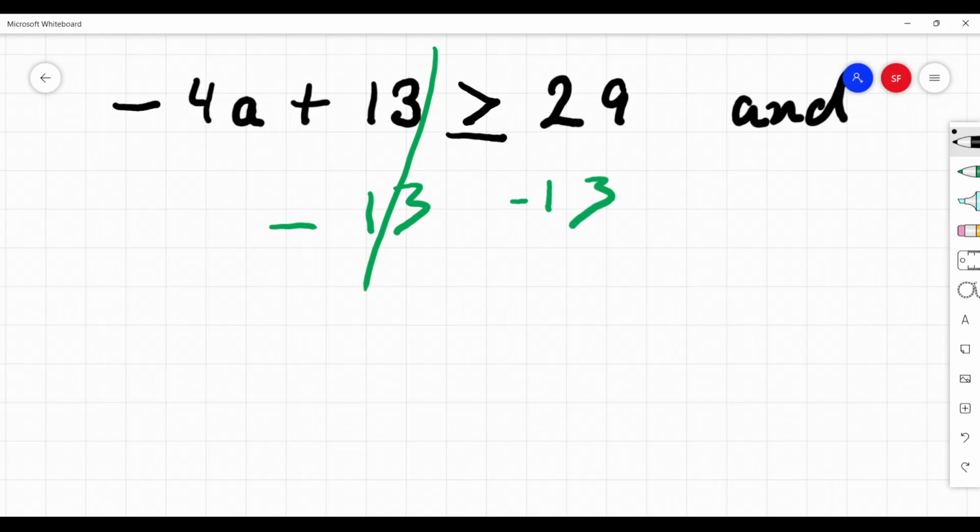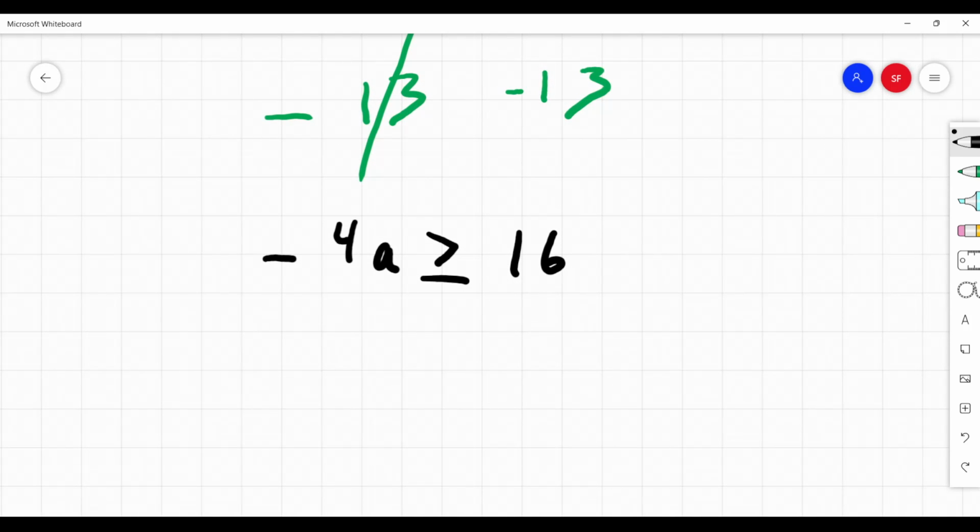So what do we end up with? 16. No, it's negative 4a is greater than or equal to 16. Then what? Divide by negative 4.